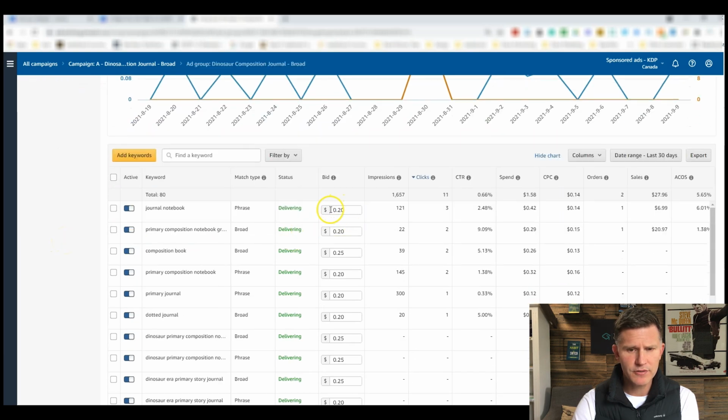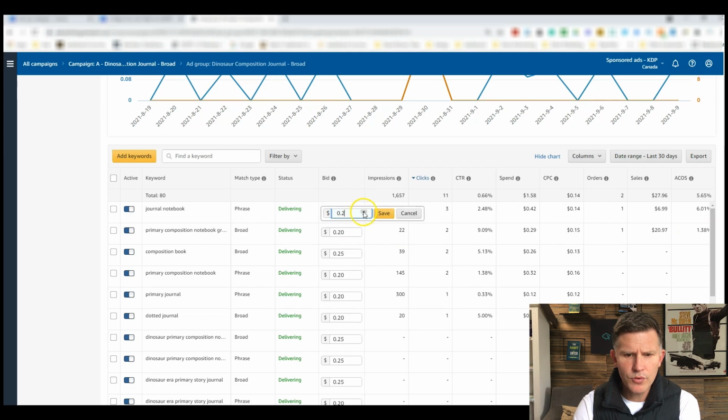I've got a bid of 20 cents. The phrase journal notebook, there were 3 clicks and 1 person purchased. Primary composition notebook, this is broad, 20-cent bid, 2 clicks, and that. So at the moment we're thinking, okay, these 2 are converted.